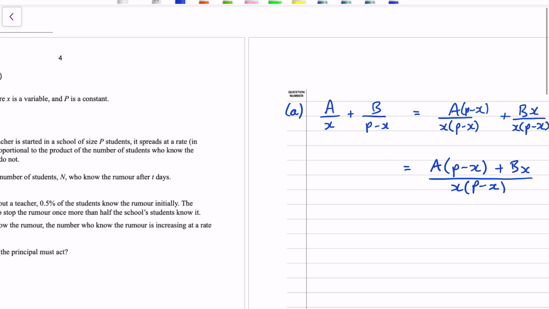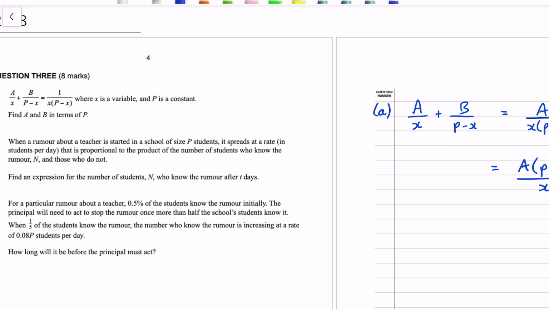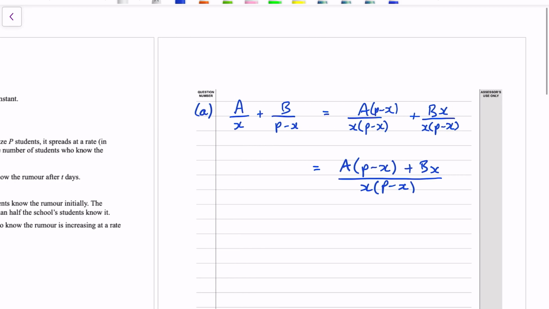And we're told that this is going to equal 1 over x times p minus x. Okay, one last thing we do is we group the stuff together in the numerator of this fraction. AP is a constant, and then the other two terms are linear terms. We've got b times x and minus a times x. I'll group that together.